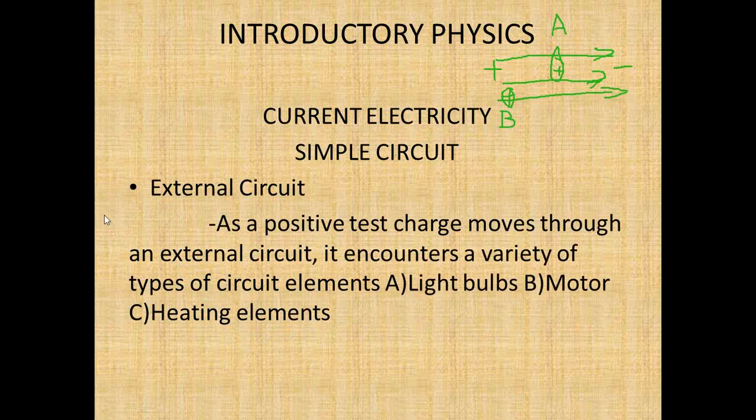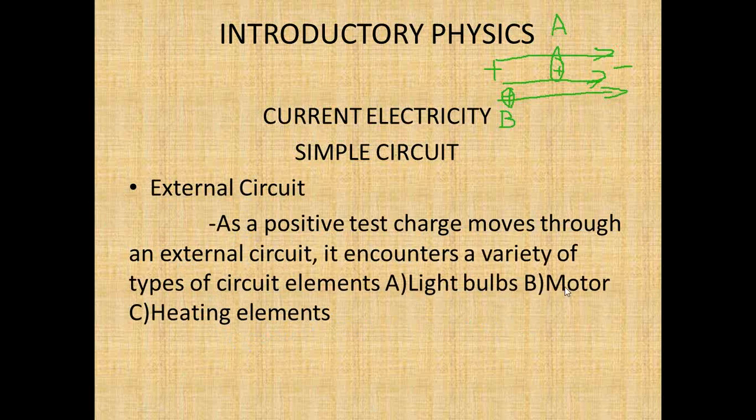Okay? So when you look at your external circuit, if you have a positive test charge moving through your external circuit, it will encounter a variety of types of circuit elements, such as the light bulb. It's going to light up the light bulb, so your electric potential energy is going to be converted to light energy.